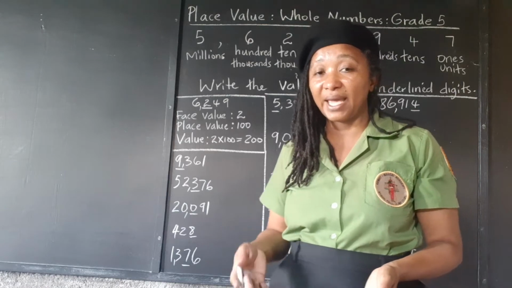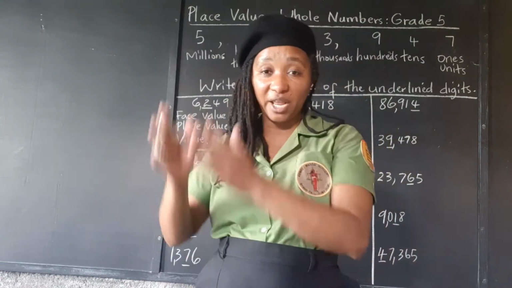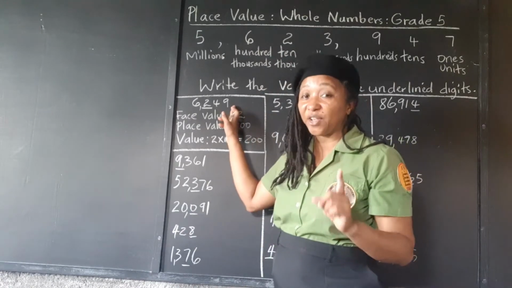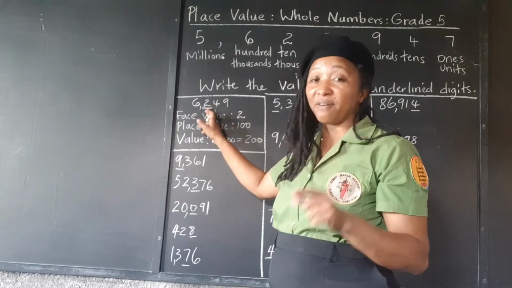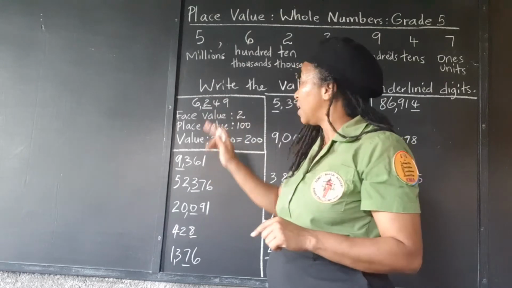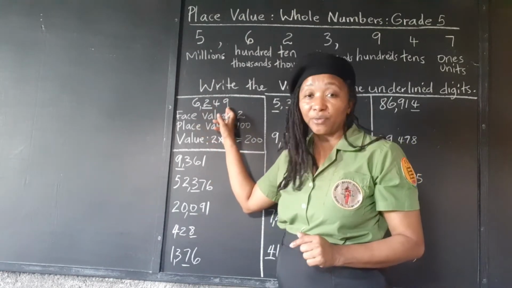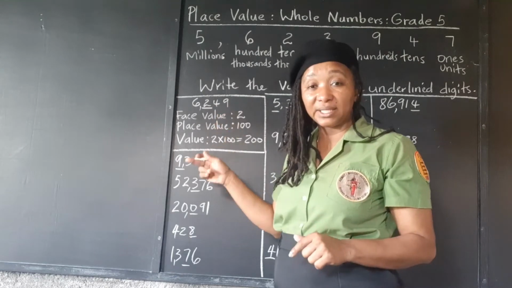So 9 is the highest single digit that we can have in any column. So the 9 has a bigger face value than the 2, but the 2 has a bigger actual value, because it represents 200, and the 9 only represents 9 ones in this number.